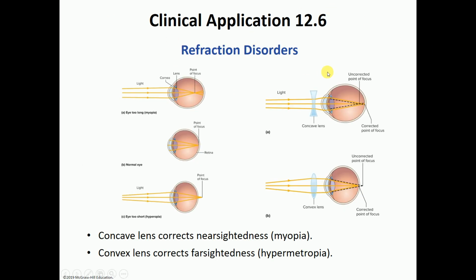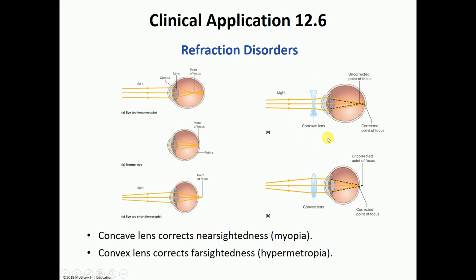Refraction disorders, this is what happens if our eyes do not focus the rays on the fovea. If they focus them at a point in front of the fovea, that is known as myopia. Or if they focus them at a point far away, like behind the fovea, that is known as hyperopia. In myopia, you will give a patient a lens that is going to diverge the rays further away from each other, to make sure that instead of them meeting here, they are going to meet at the fovea.